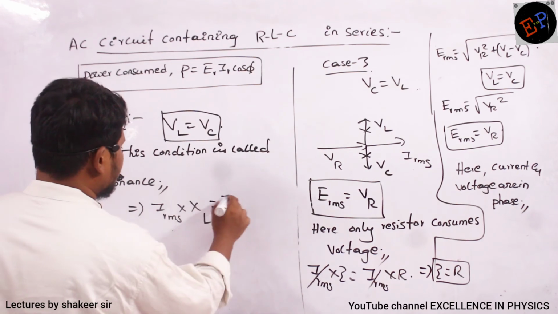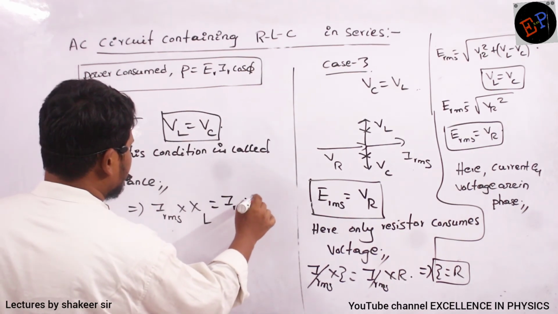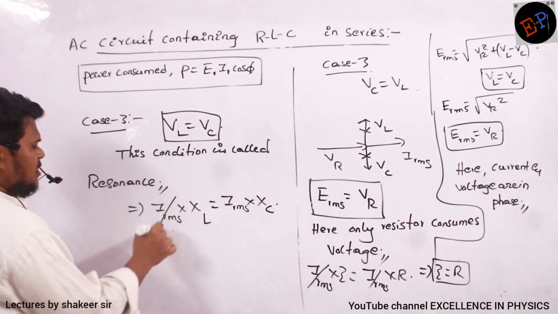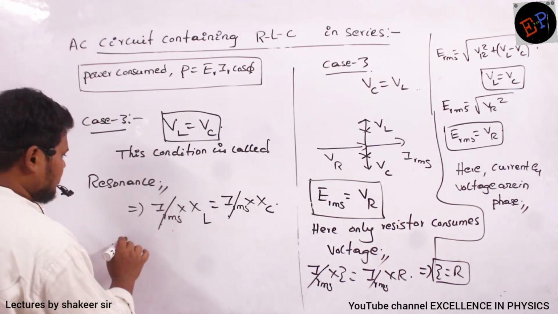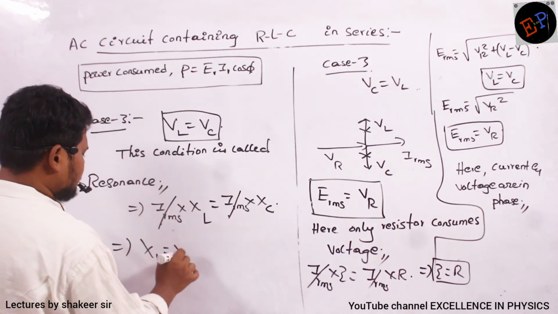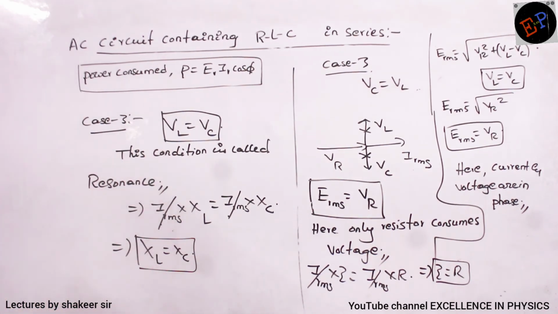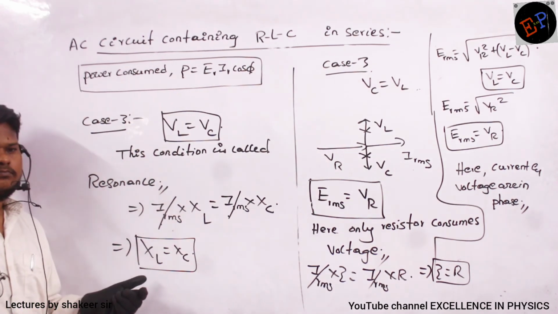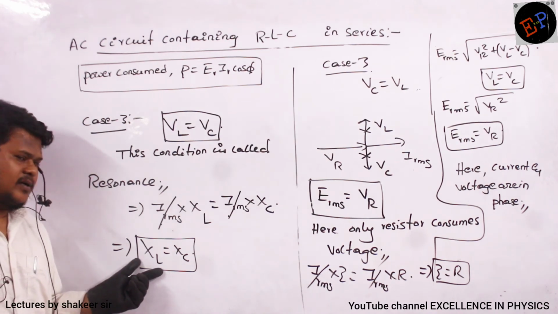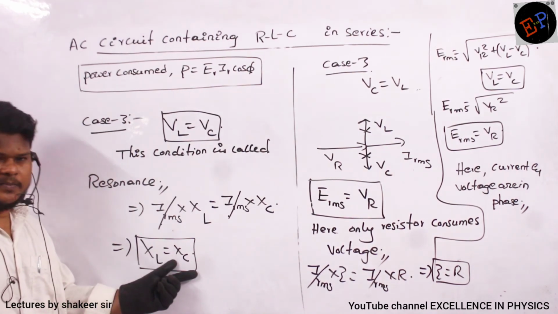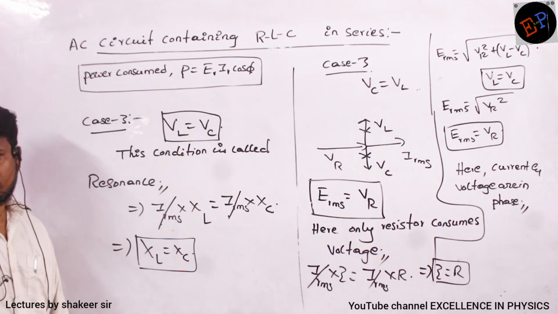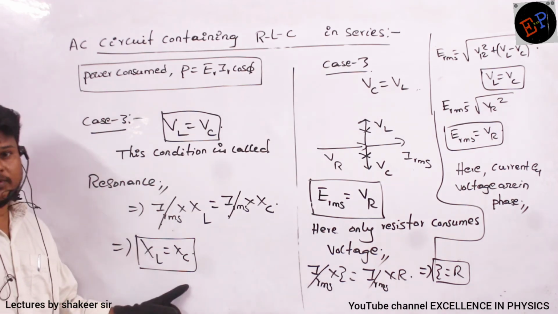And VC can be written as IRMS multiplied by XC. So if I cancel IRMS, then XL is equal to XC. Okay? So what do you mean by XL equal to XC? The resistance offered by the inductor and the resistance offered by the capacitor are both the same. So this condition happens only in resonance.